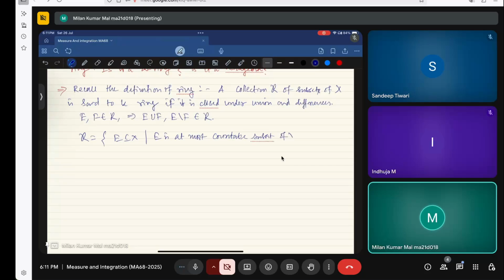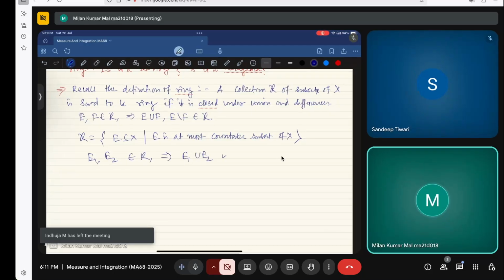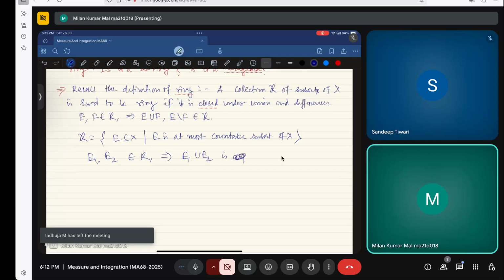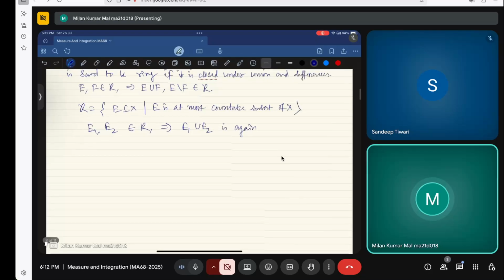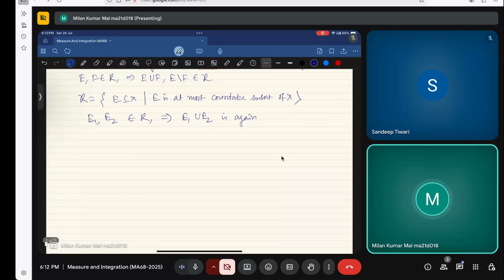If we take two sets E1 and E2 in R, then it is clear that E1 union E2 is again countable, because E1 and E2 are both countable, being elements of R. That implies E1 union E2 is an element of R.